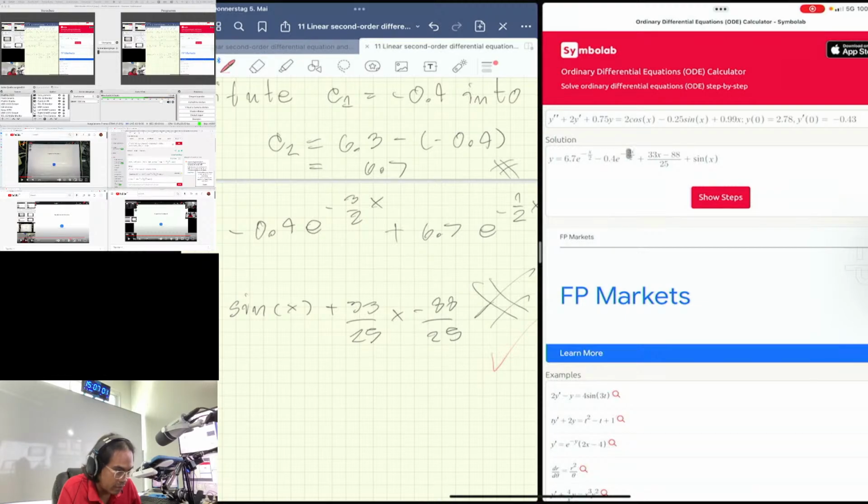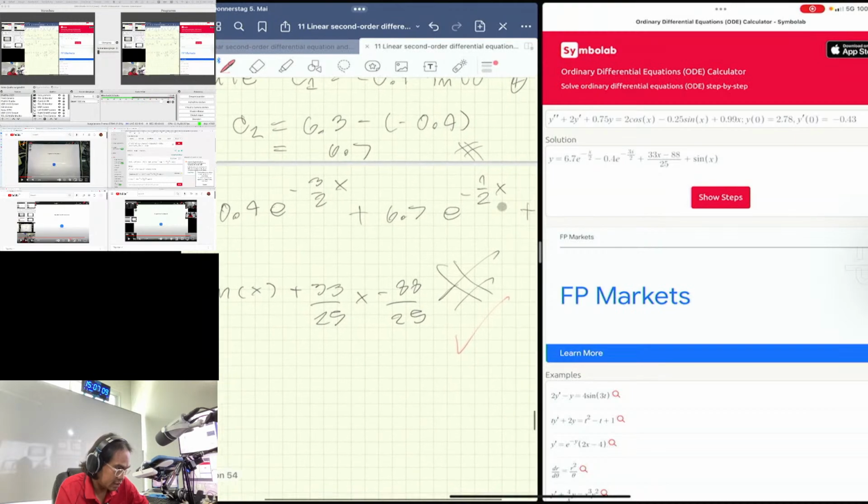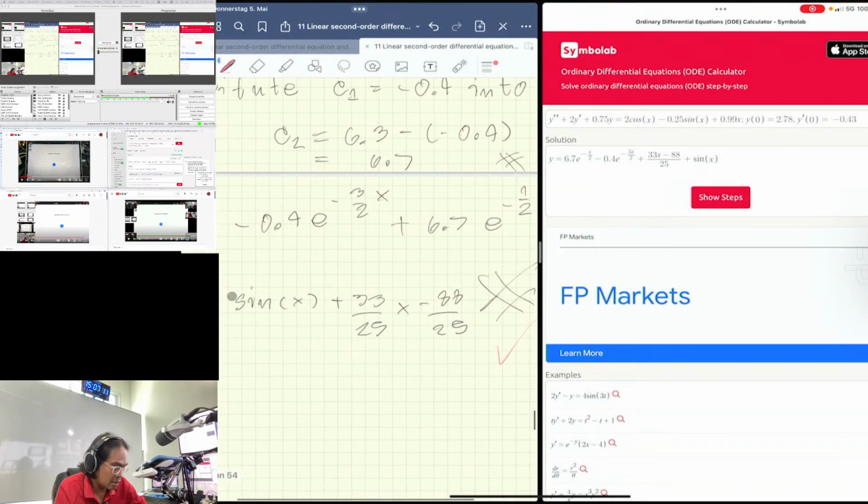0.4 exponential negative 3 by 2 x, which is this term for us, and plus 6.7 exponential negative 1 by 2 x, which is this term for us. Okay, and plus sine x, plus 33 by 25 x, this term, and constant term negative 88 by 25. Okay, that's all for this problem.